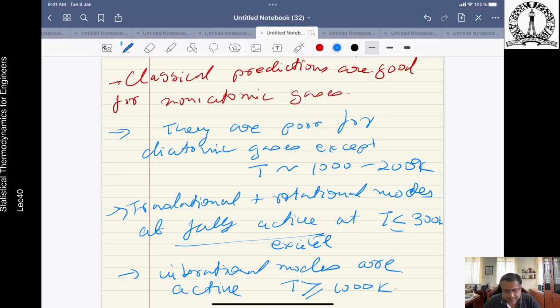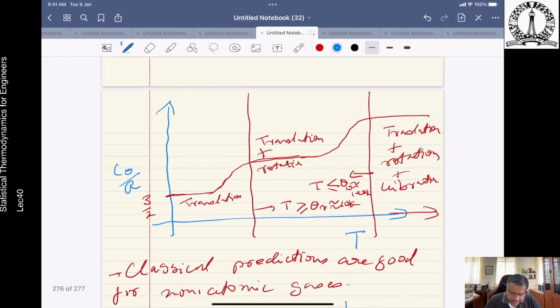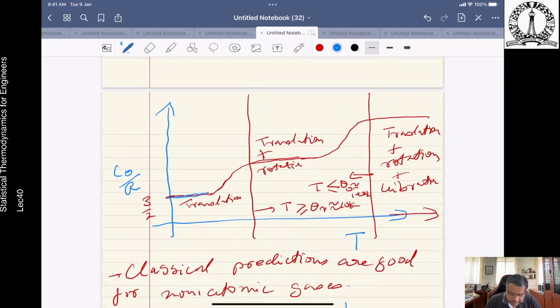That is the full excitation level, and this is what is shown in this figure. Initially it is all translational. As soon as we reach about 10 Kelvin, the rotation starts to kick in, so there is a jump. Then it starts to increase once again at the marker of about 1000 Kelvin.